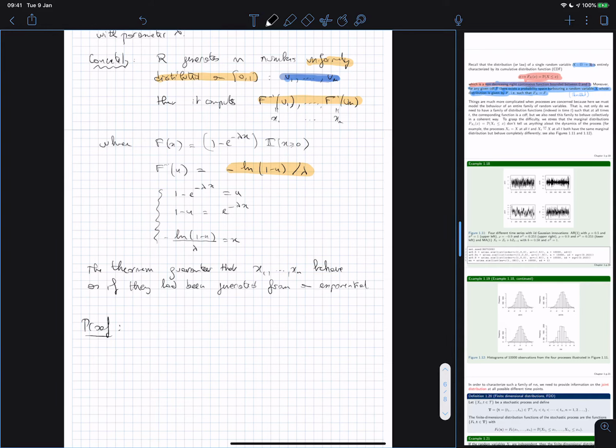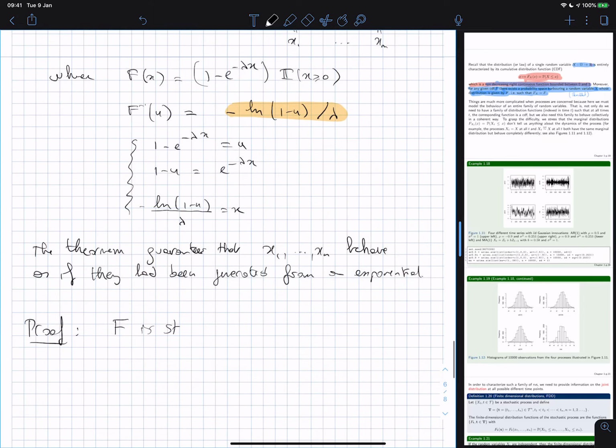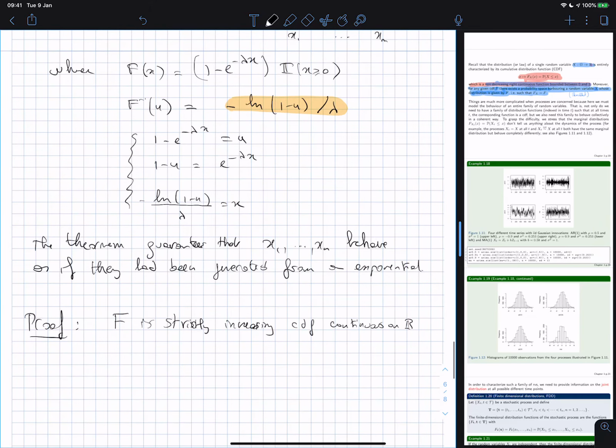So the proof of the theorem is what? Let's suppose that F is, I'll make my life very easy, a strictly increasing CDF, which is continuous on R, and let's suppose as well that the limit at minus infinity is 0 and the limit at plus infinity is 1.